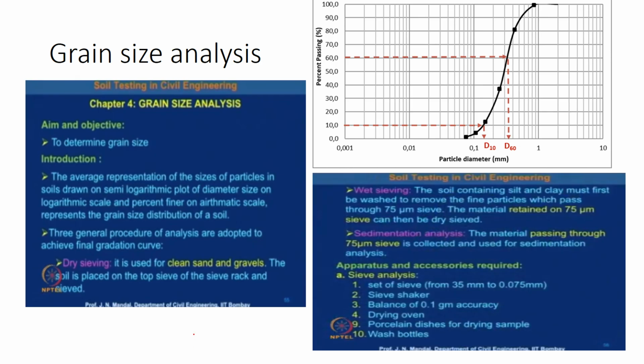Okay, now we'll move on to grain size analysis. Okay, can anyone tell me how many bones does a human have? How many bones do we have? A tough question, huh?